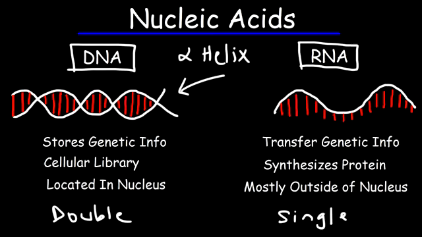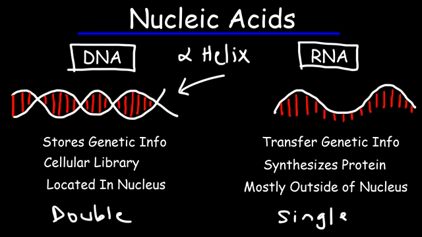DNA's function is to store genetic information. It serves as the library of the cell, whereas RNA can be used to transfer genetic information from one part of the cell to another, and it can also be used to synthesize protein.